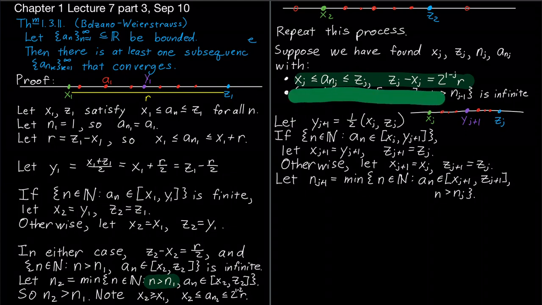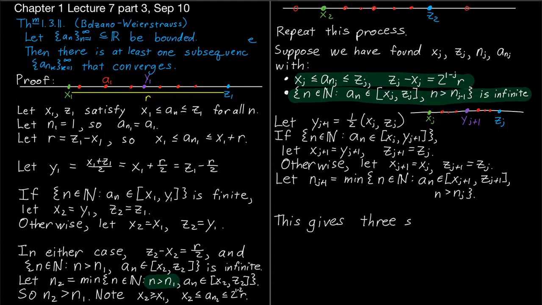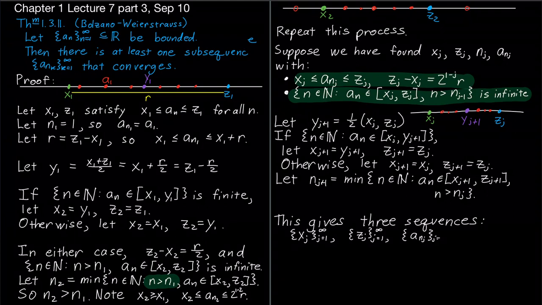So this condition is also true with j replaced by j plus 1. So this is giving us 3 sequences. We've got our xj's, our zj's, and our subsequence a_nj, j equals 1 to infinity.